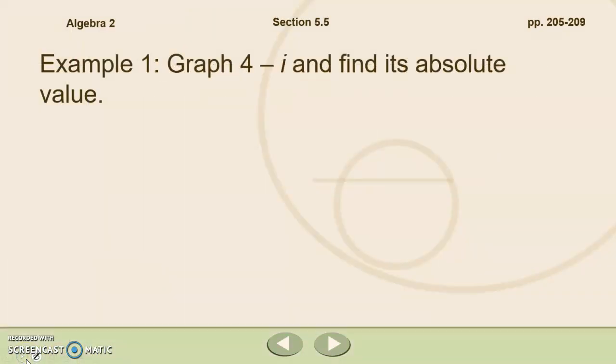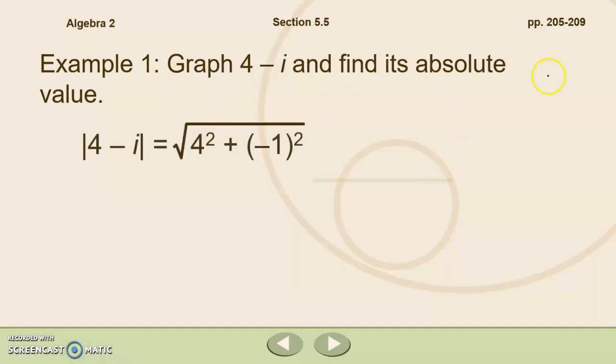Let's take a look at 4 minus i, and let's find its absolute value after we graph it. Okay, first of all, we need a complex plane here, and this is going to represent our real numbers, and this is going to represent our imaginary numbers.